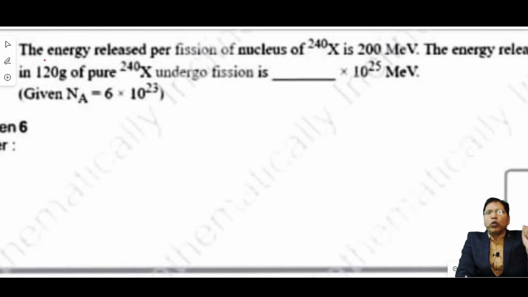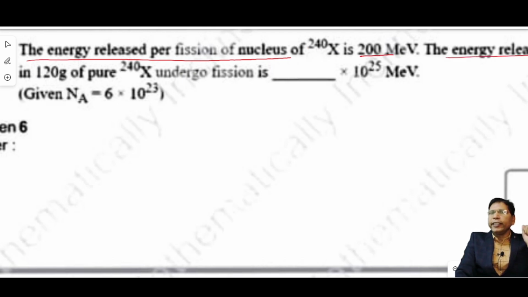Now question 21. The energy released per fission of a nucleus X240 is 200 mega electron volt. What is the energy released for 120 gram of pure X? The number of moles is 120 divided by 240.